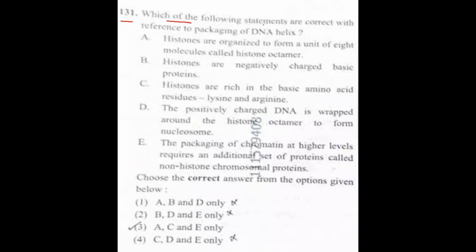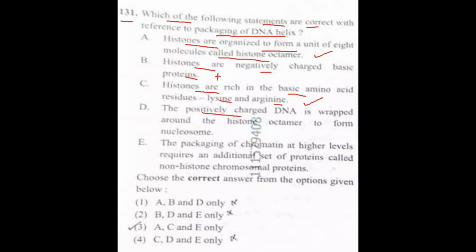Question number 131. Which of the following statements are correct with reference to packaging of DNA helix? Option A, histones are organized to form a unit of 8 molecules called histone octamer. That is correct. Option B, histones are negatively charged basic proteins. Histones are actually positively charged, so B is wrong. Option C, histones are rich in basic amino acids lysine and arginine. That is correct.